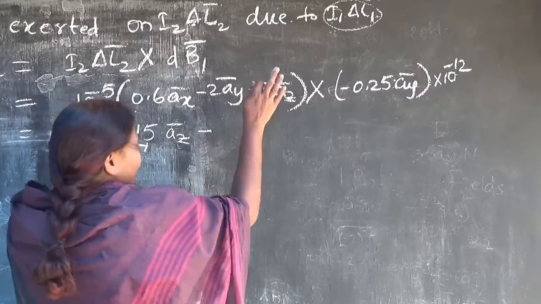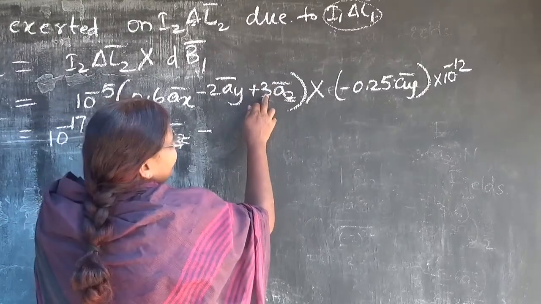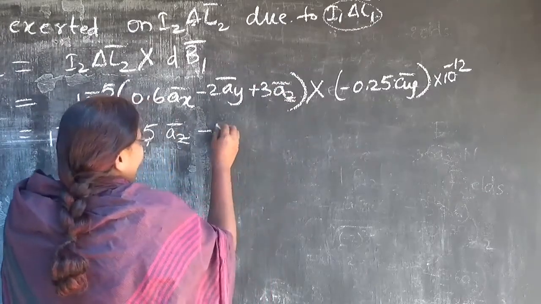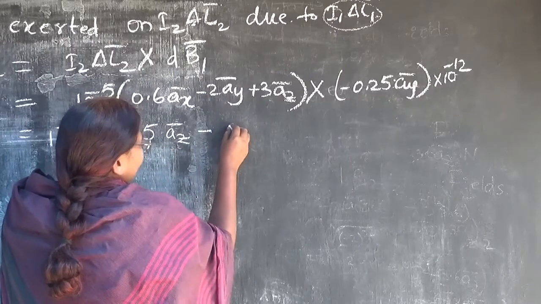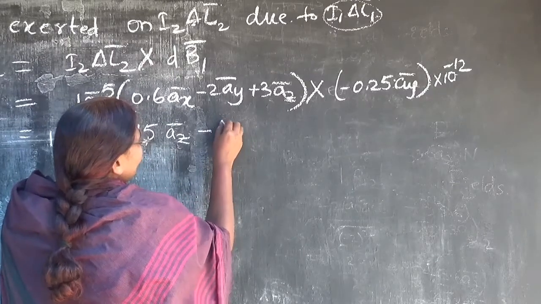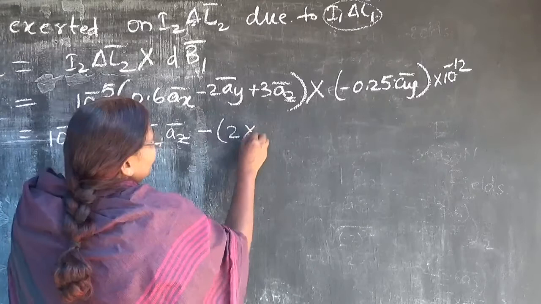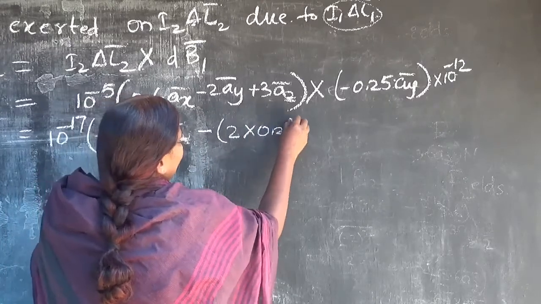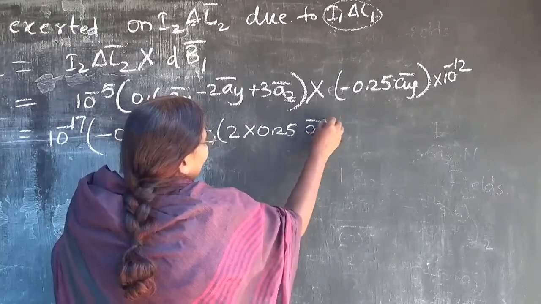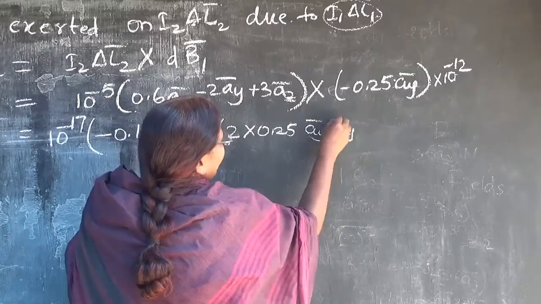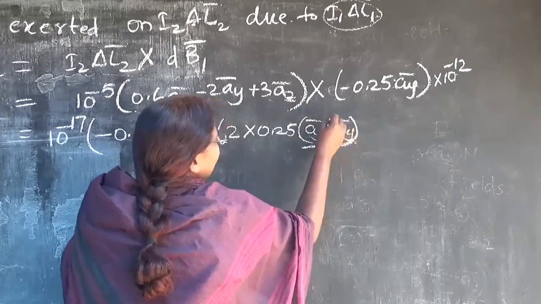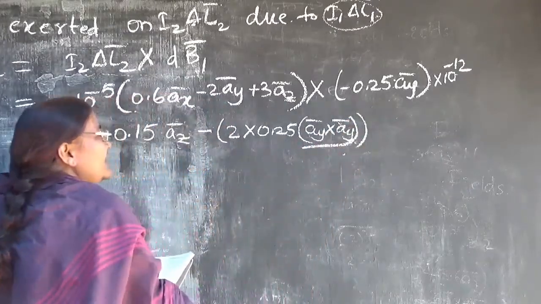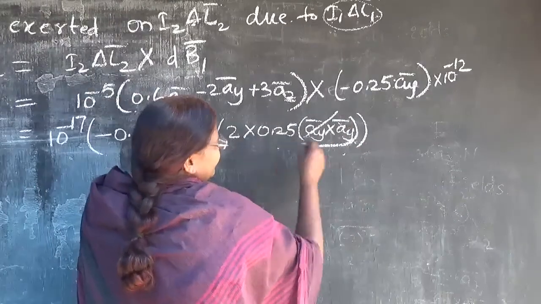So we will just skip that. That is 2 into 0.25 into AY bar cross AY bar, which will make the total quantity 0.